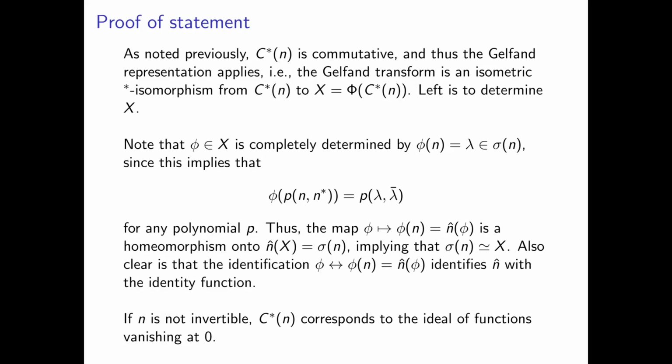But if a character is 0 at n, then it's 0 for every polynomial in n and n star. And if it's 0 for every one of those, then it's 0 everywhere in the algebra. But remember, characters are non-zero. And that's why we pick away this 0 point in case it lies in the spectrum. So it's basically just a technical little detail that we have to note. But normally this is not going to bother us very much.